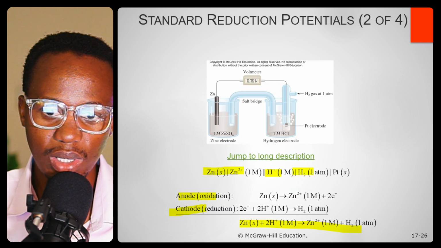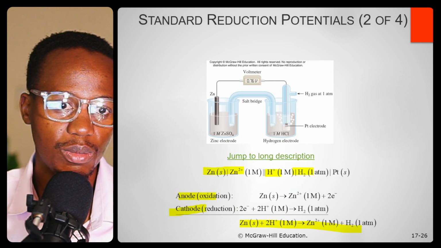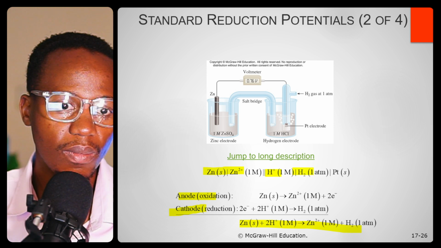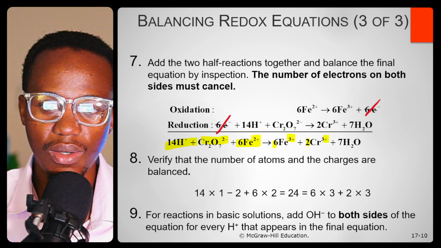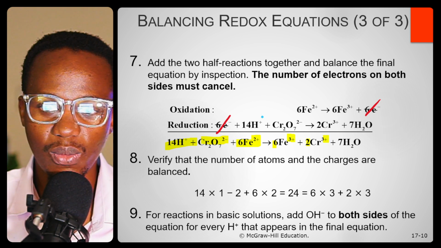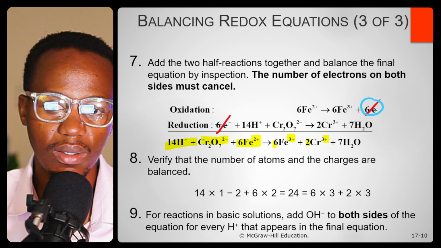Here, for example, the number of electrons exchanged is 2 electrons as well. Looking at one that has different numbers, here you have 6 electrons, the ones that we canceled out. So the N for this will be 6, okay?